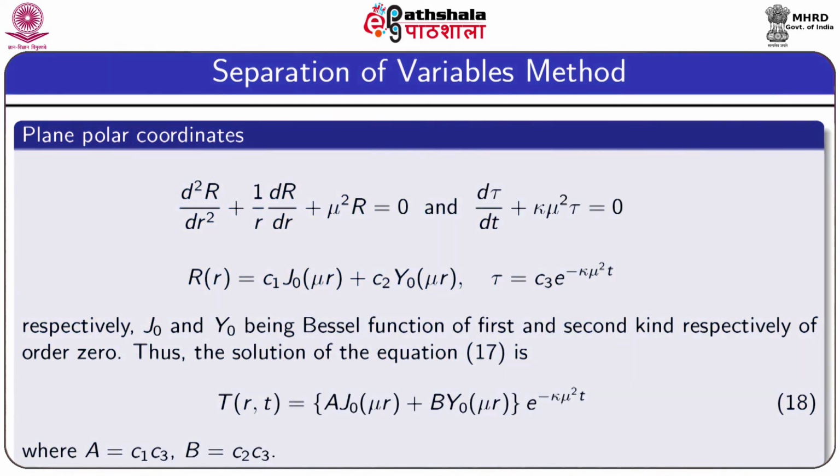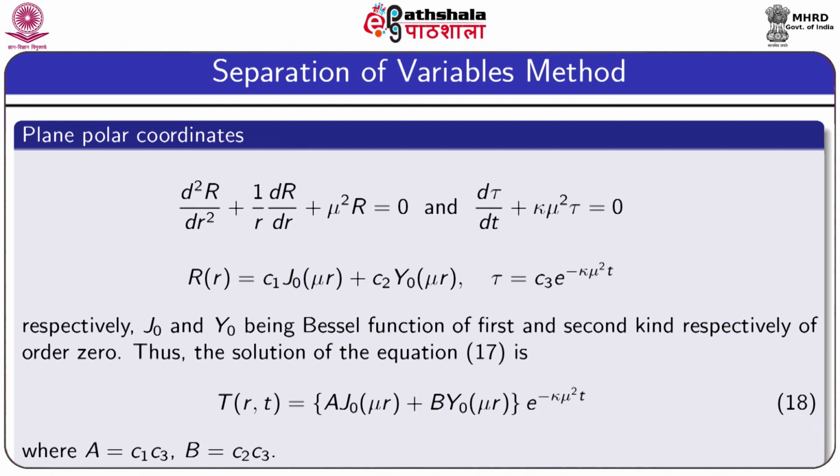Now, if we look at the equation for capital R, this is again a Bessel differential equation of order 0. So its solution is a linear combination of Bessel's functions of the first and second kind. Capital R can be written as C1 J0 plus C2 Y0.